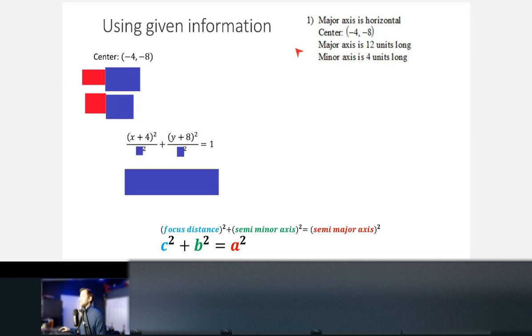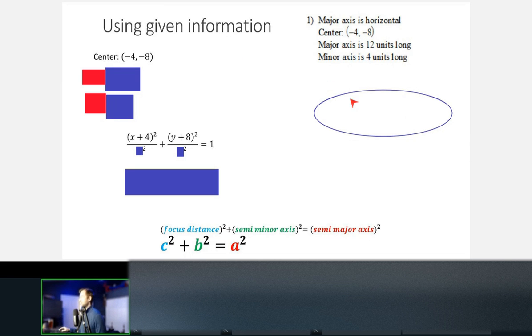All right. Now, given this information, do we know if our ellipse is elongated horizontally or vertically? Do we know that? So it's horizontal, and it actually says that the major axis is horizontal. So that tells us it's longer in the x direction horizontally. So let's go ahead and draw an ellipse, just a picture.